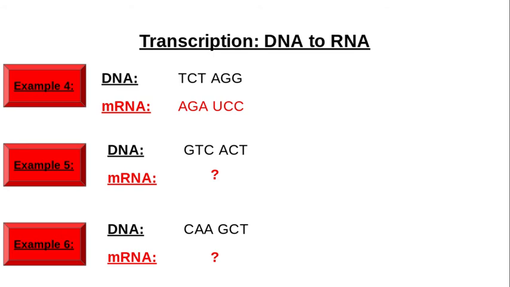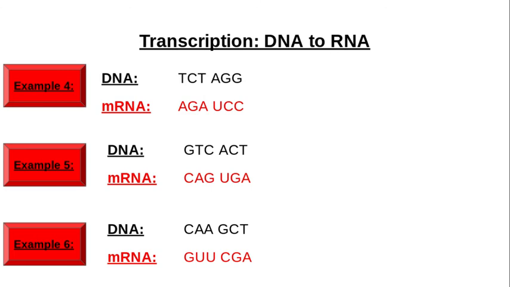In example 5, the DNA strand GTC ACT pairs up with CAG UGA. And lastly, the DNA strand in example 6, CAA GCT, pairs up with GUU CGA.